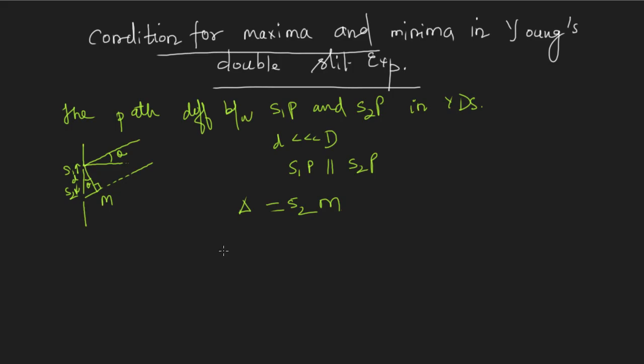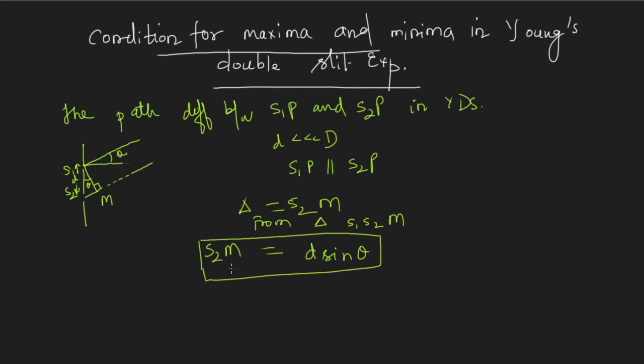So the path difference S2M, if I write in terms of d and theta, from triangle S1 S2 M, I get S2M as d sine theta. This is my path difference for Young's double slit experiment.